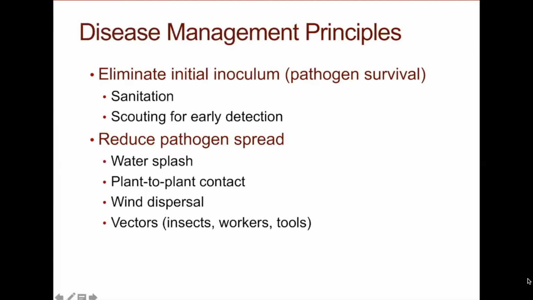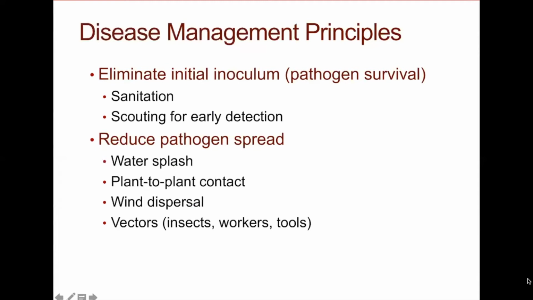Another one, besides the elimination of that initial inoculum, we can reduce the pathogen spread. And you can do that by reducing water splash. So we were talking about overhead irrigation, right? When we do overhead irrigation, there's a lot of reasons why it's bad, but another one that I really didn't mention is that water splash. And whenever we're doing the overhead irrigation, that is going to make the plant more prone for water splashing.